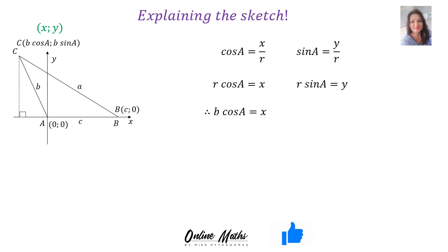And when you make y the subject of the formula, you end with r sin A = y. r is the hypotenuse. Therefore, b sin A = y. That's the y coordinate.